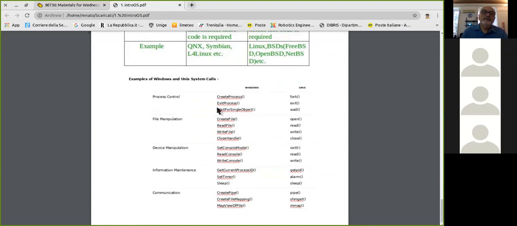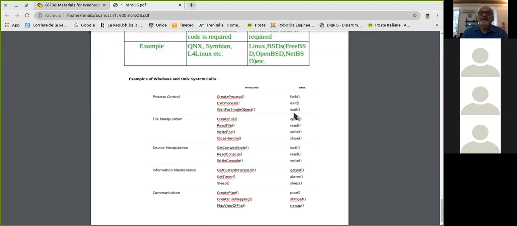And there is a small example in which we say that the system calls, which are the main topic of our course, are more or less flat, in the sense that Windows, Unix, and of course Linux are very similar.